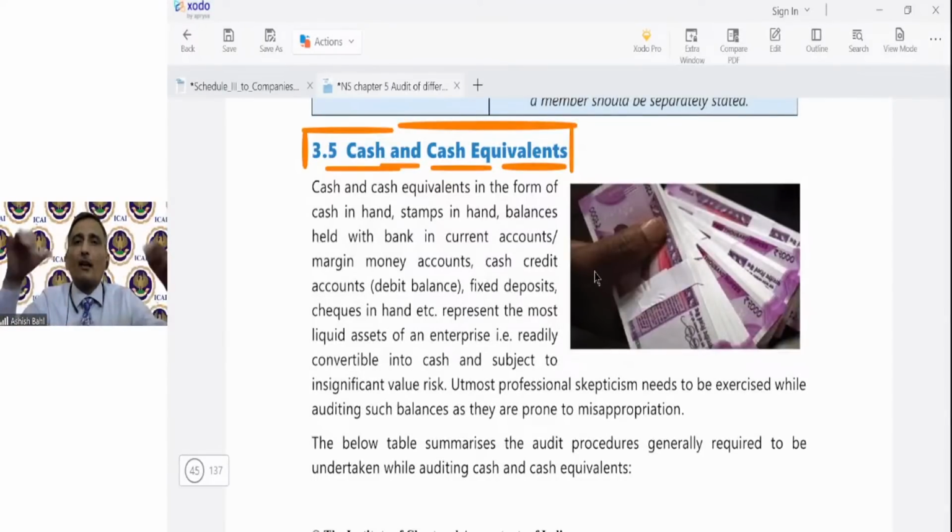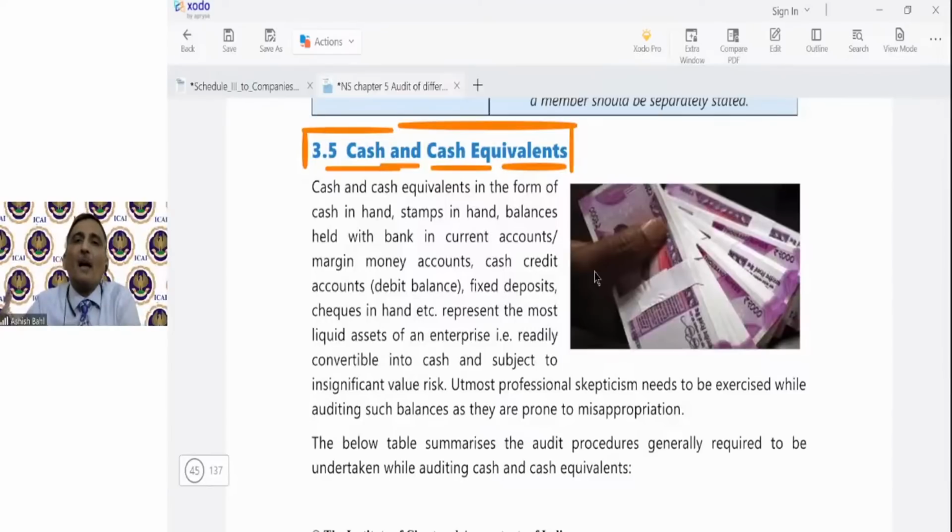The format of financial statements prescribed under Schedule 3 Division 1 uses this term cash and cash equivalents, meaning something which is cash or similar to cash, which can be converted into cash easily, like a bank balance.